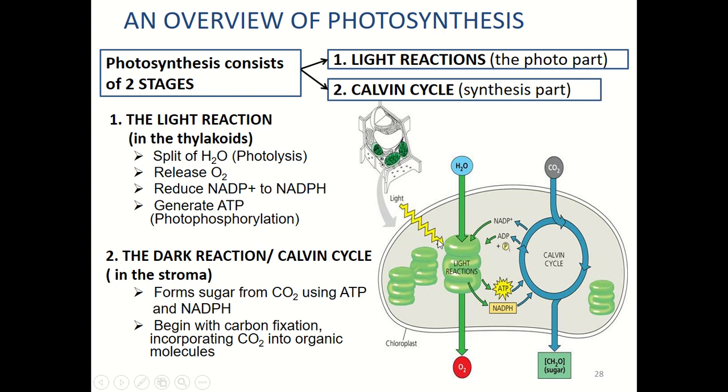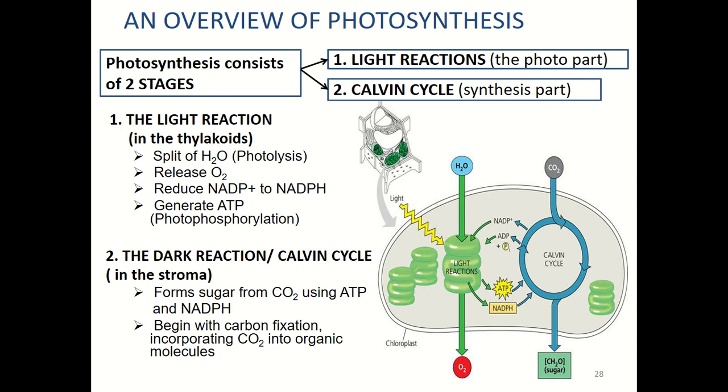The light will be absorbed by the pigment in the membrane of the thylakoid, and it will split the water molecules and release oxygen, and it will reduce NADP plus to become NADPH.